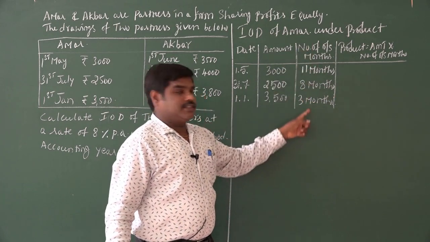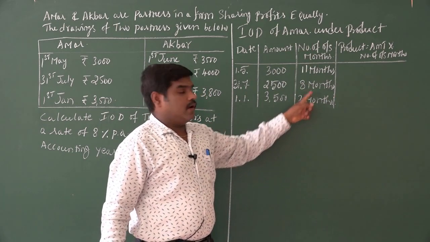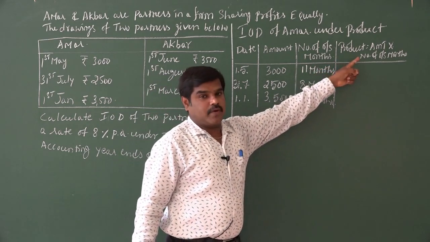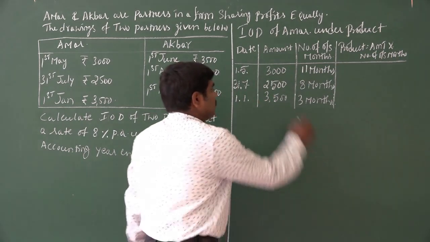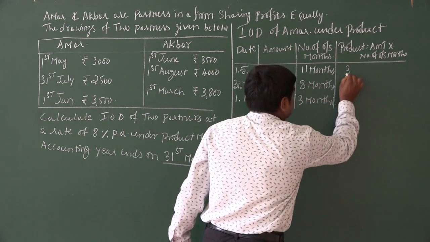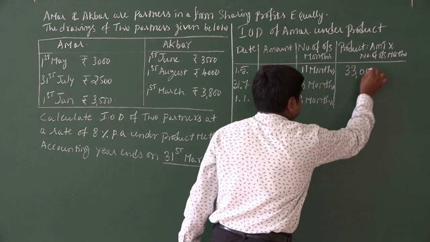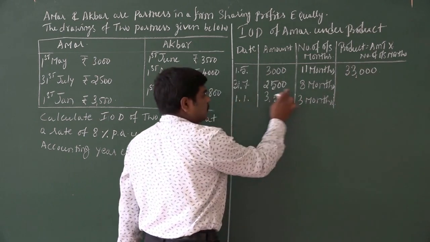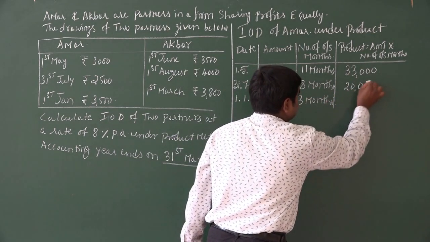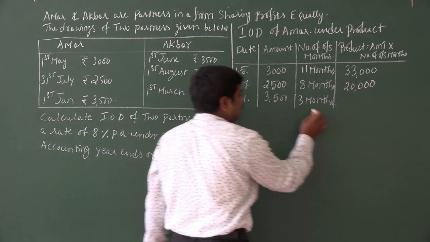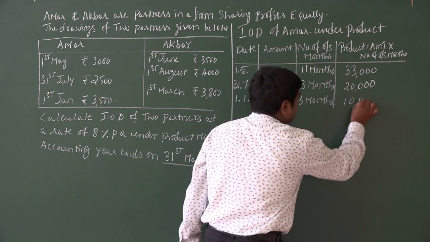After calculating the number of outstanding months, next you have to calculate the product. Product is equal to amount into number of outstanding months. So 3,000 into 11, 33,000. 2,500 into 8, 20,000. 3,500 into 3, 10,500.